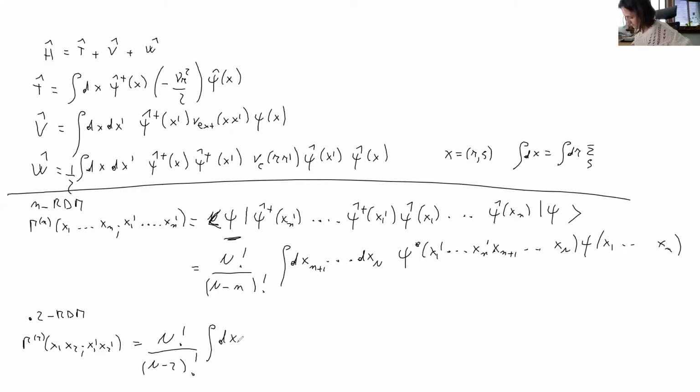So I integrate starting from 3. X1, x2 prime, then x3, xn. And then it will be the one body, that for simplicity in the following, I will indicate like x prime.